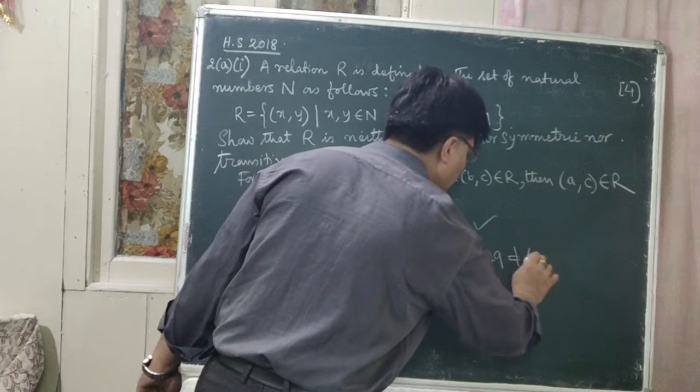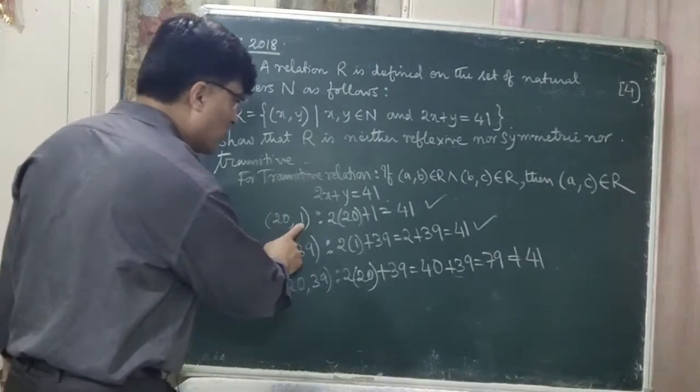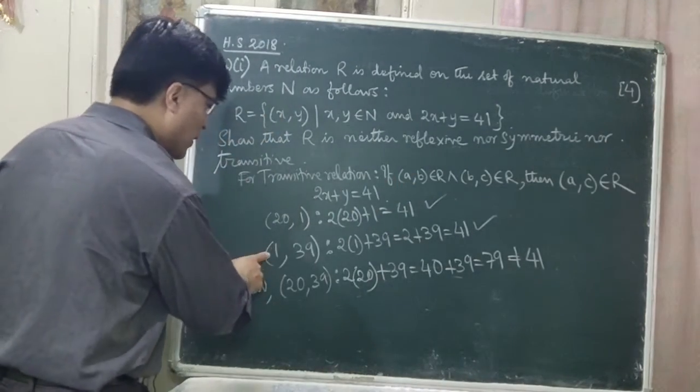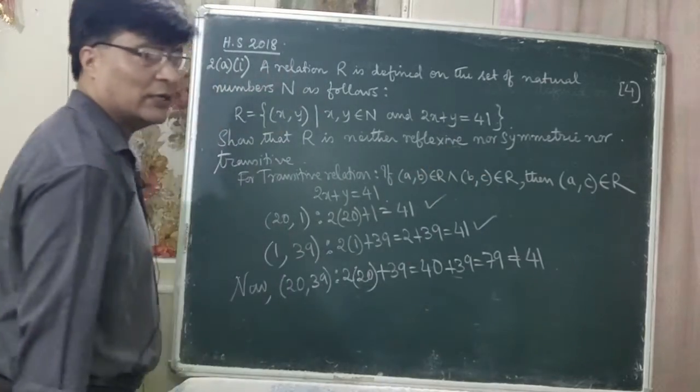Which is not equal to 41. So this is wrong. That means 20, 1 belongs to the relation R and 1, 39 belongs to the relation R, but 20, 39 does not belong to the relation R.